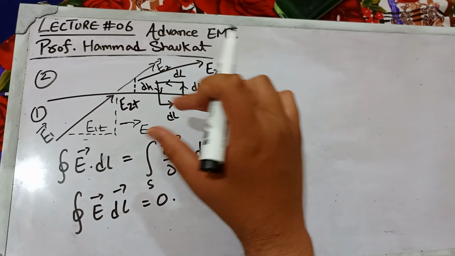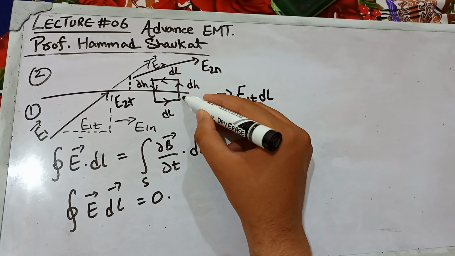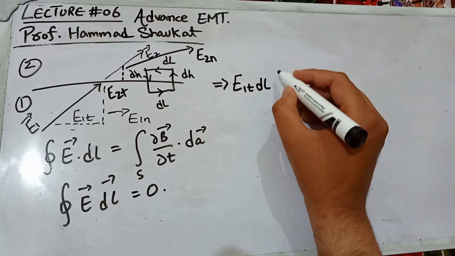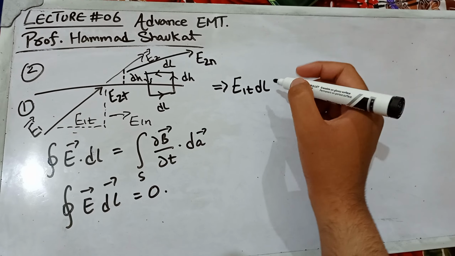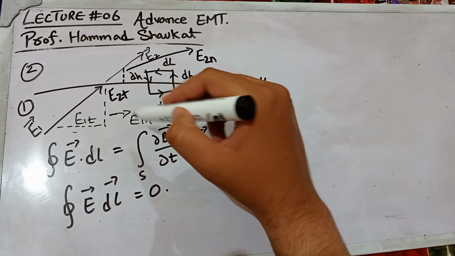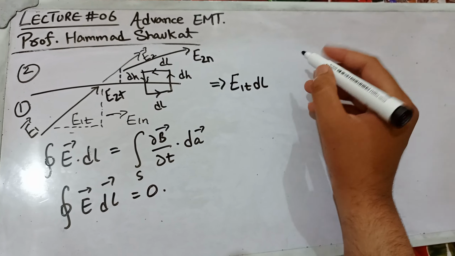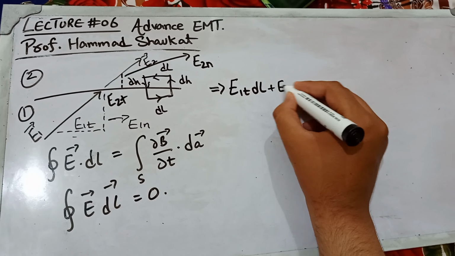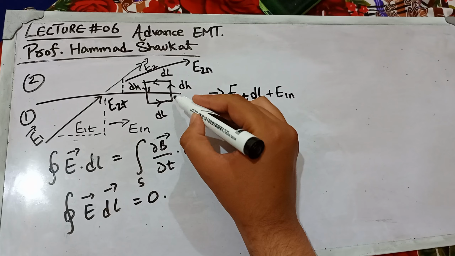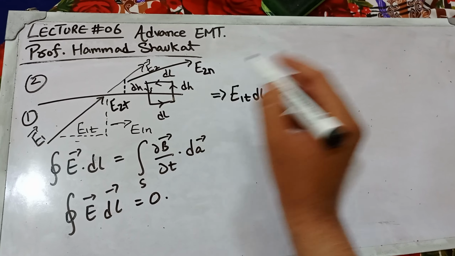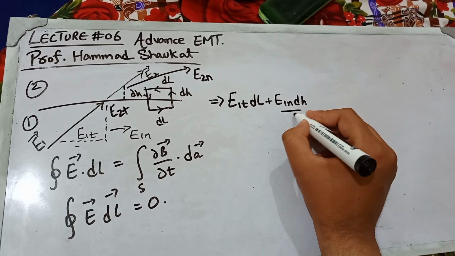Because we are dealing first with the first medium, it becomes half of the dh. Now e1n, the normal part: the direction is half in the first medium and it's dh, so it becomes dh over 2.